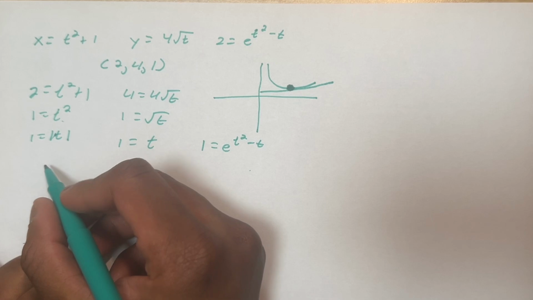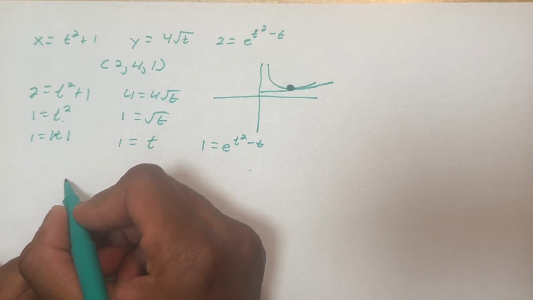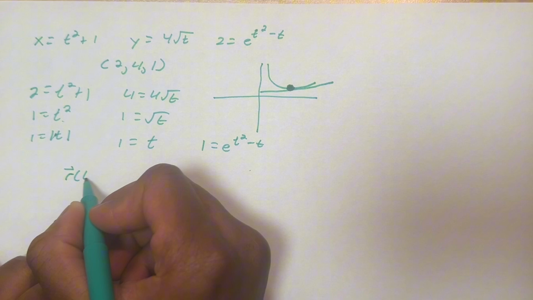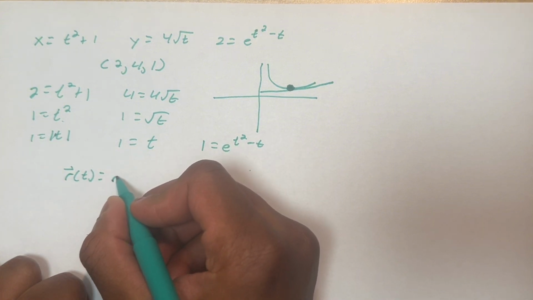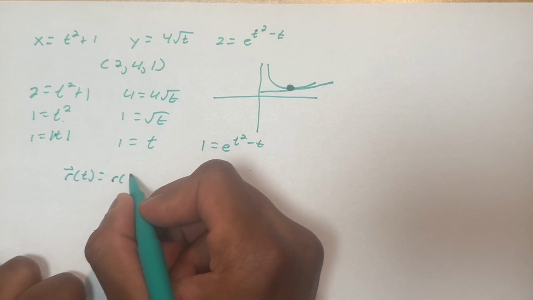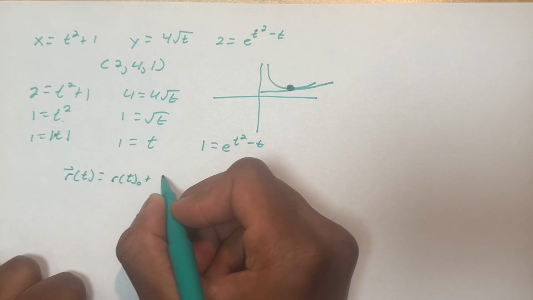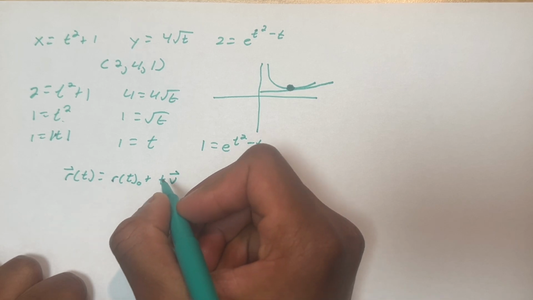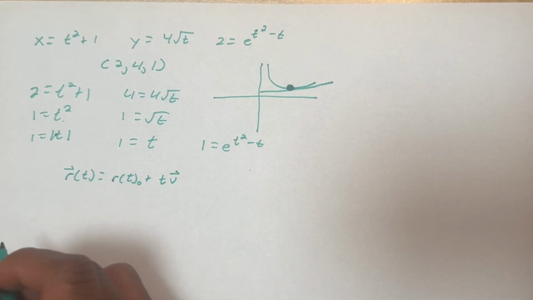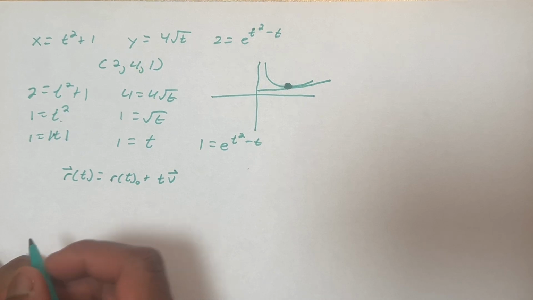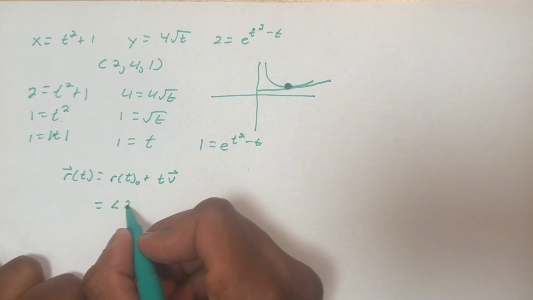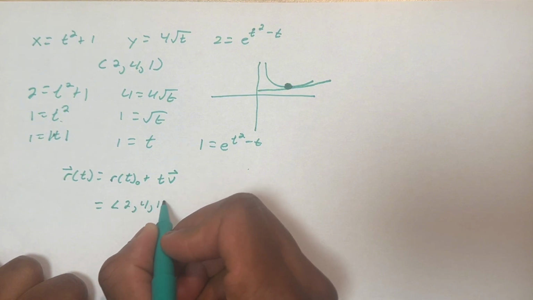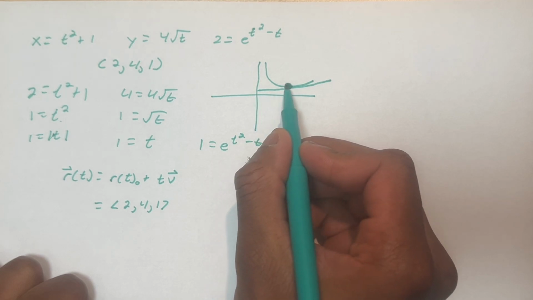Well, we know that the parametric equation for the line is going to be the vector function r(t) equals r initial plus t v, where v is a direction vector. We already know initially we're going to have (2, 4, 1), because we want to point to that initial point.